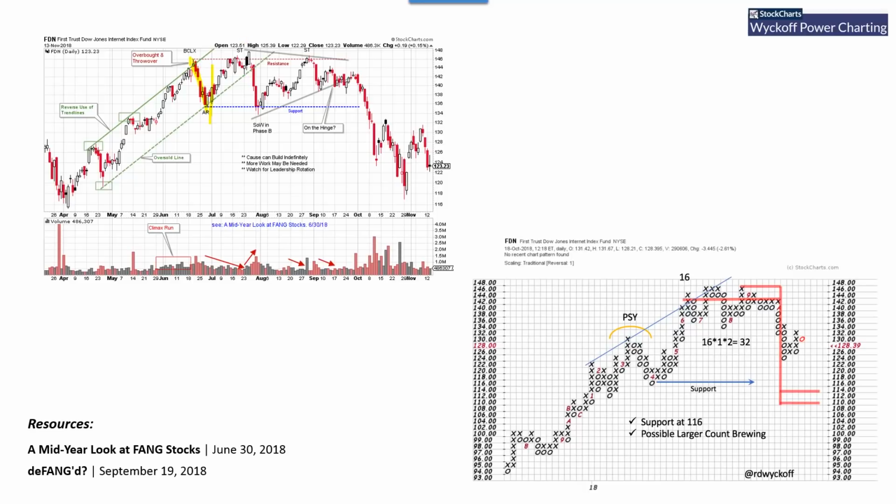So this is a change of character. We call this a buying climax. We draw resistance here. We have automatic reaction. We draw support here, resistance here, and we can see that there's wide swinging volatility that is a change of character from what preceded it.